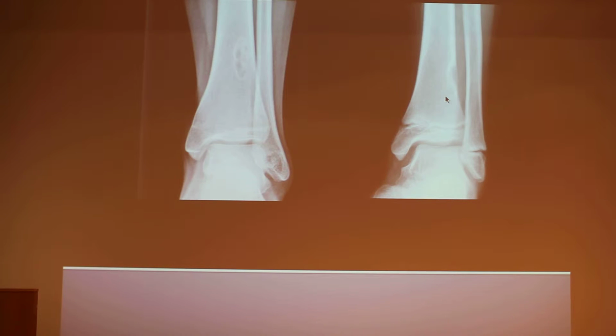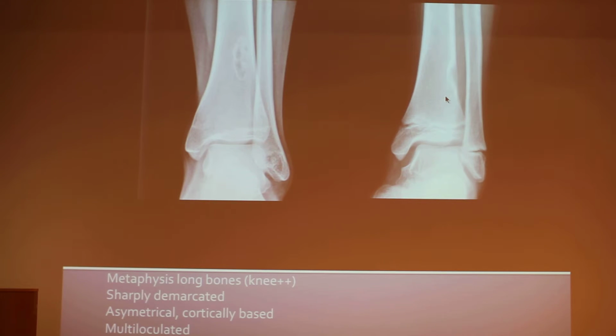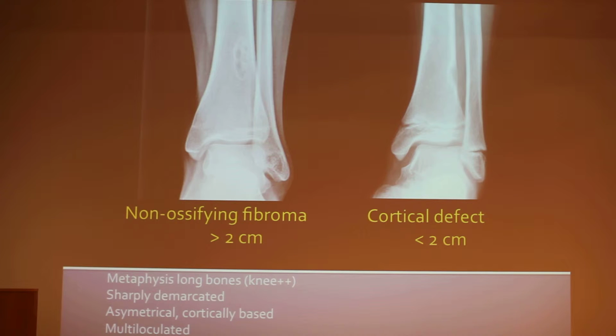So we're dealing with a metaphyseal lesion with sharply and well-defined margins with a thin rim, which is typical of non-ossifying fibroma or cortical defect. The difference is based on the size and it's not recognized by the pathologist. It is the same lesion with the same cells, only with a different size.